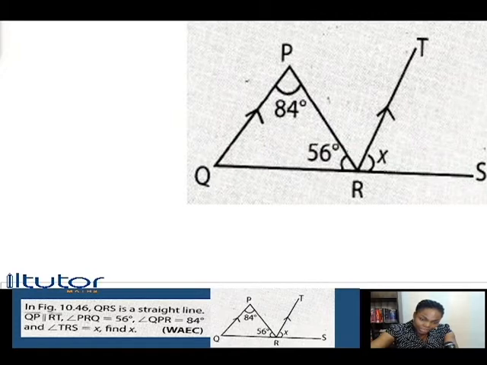So this angle QPR, which is 84 degrees, is alternate to this angle. So we can say that this is also 84 degrees.